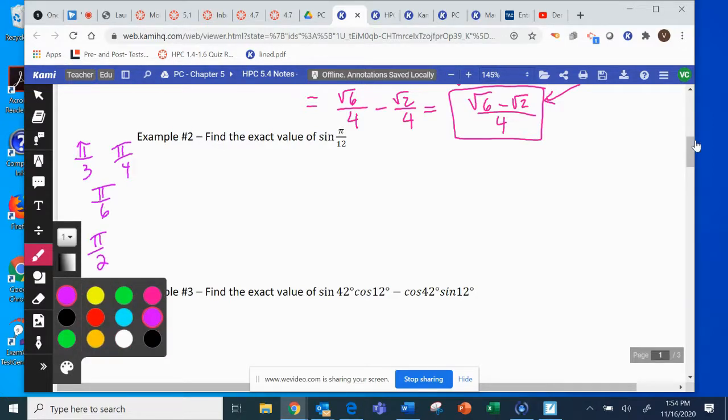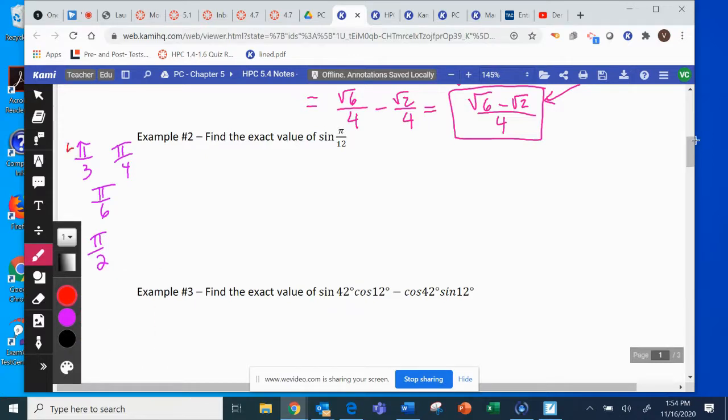If I change their denominators to be 12s, how can I get pi over 12 using the angles that I know?